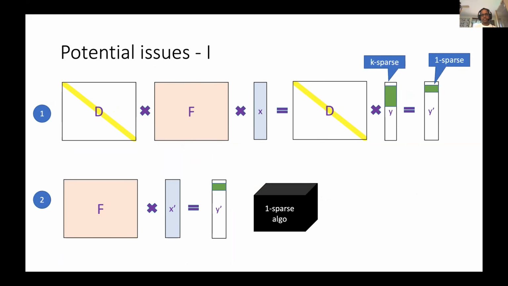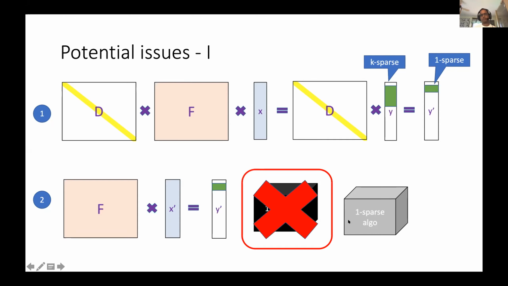So there are a couple of issues that I wanted to talk about since they're relevant to our work. First, for most of the works, the step of computing the one-sparse recovery is not a black box; actually you fuse this one-sparse recovery with the reduction. So it's like a white box or a gray box, as you will.